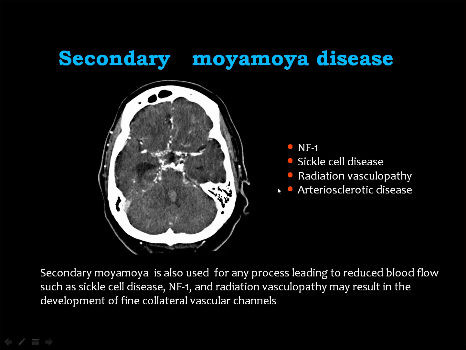Whenever I presented it to the candidate, he answered immediately, this is Moya-Moya disease. Then I learned after that Moya-Moya disease is very commonly seen in Saudi Arabia because of the presence of sickle cell disease.